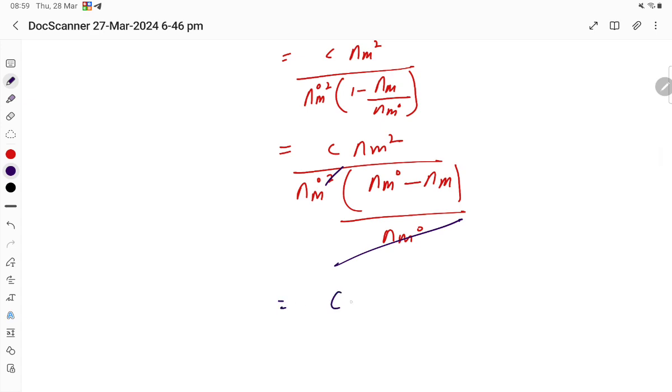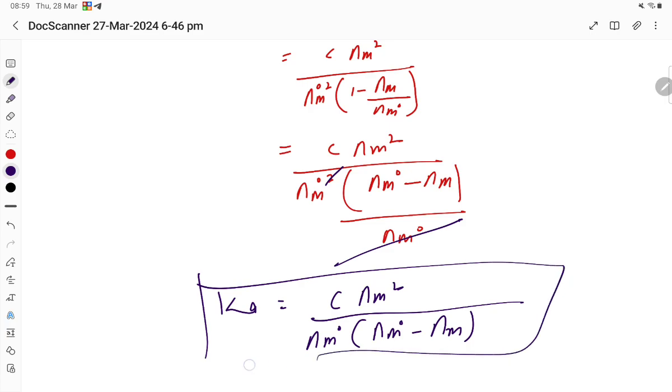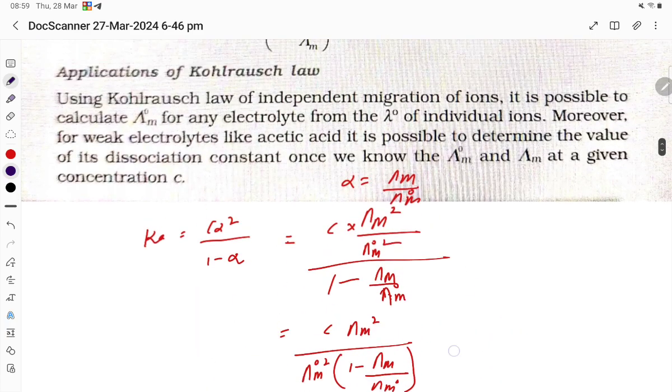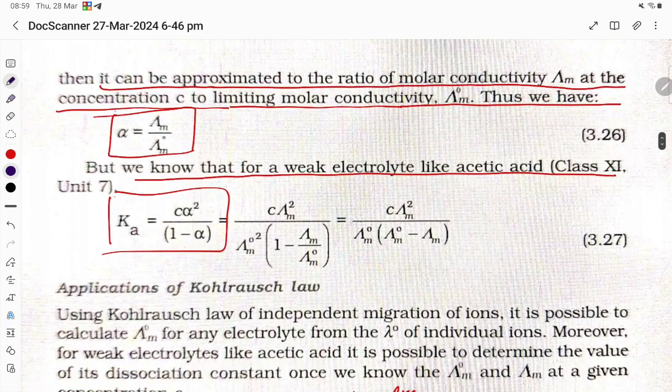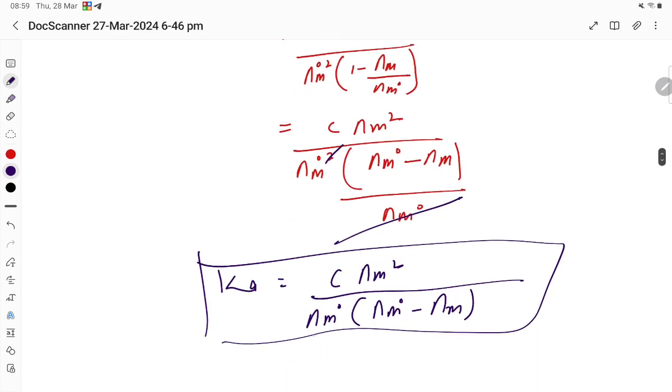So C lambda m square outside, and in the bracket lambda m naught times lambda m naught minus lambda m. This is the dissociation constant K. You can check this, this will be the correct one: K equals C lambda m square divided by lambda m naught times lambda m naught minus lambda m.